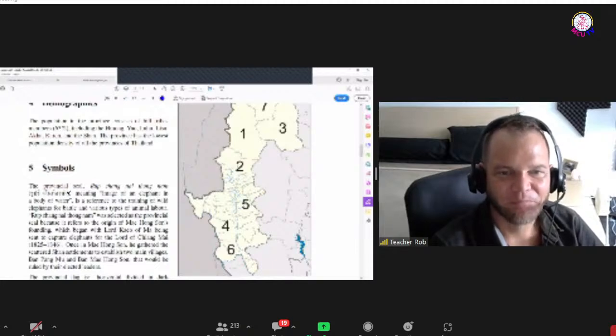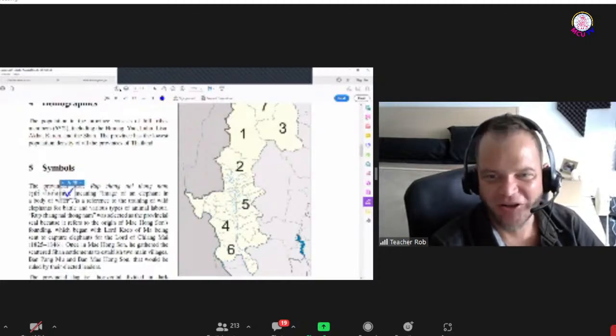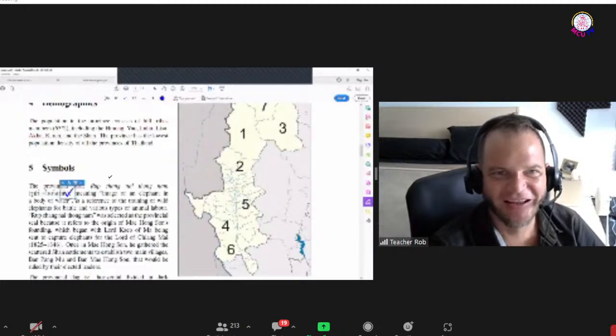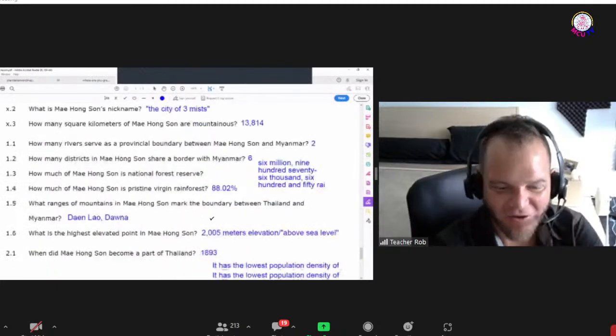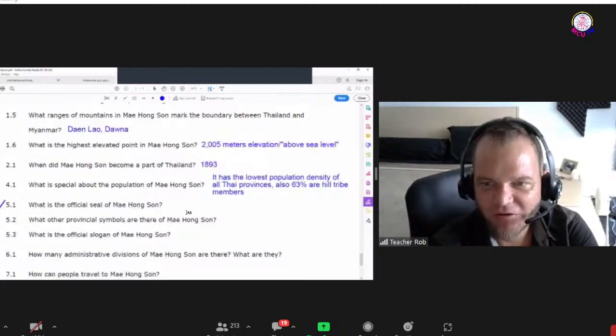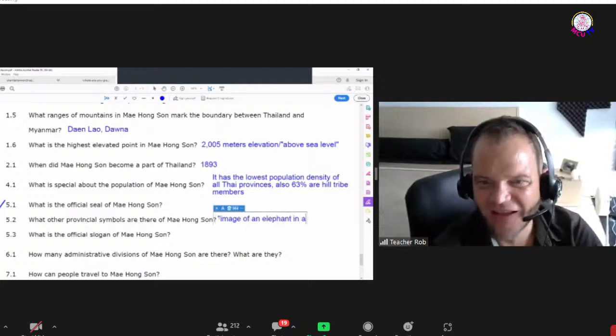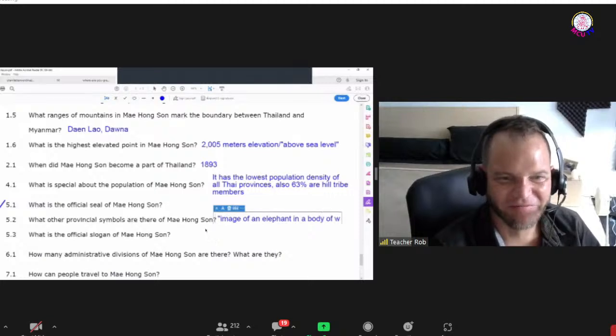So I would say image of an elephant in a body of water. I'm going to put it in English because I don't read the Thai, so I'm just going to put it as they put it in English. Image of elephant in a body of water. Yeah, that's their official seal. So very good. Oh, sorry, that answers this one.